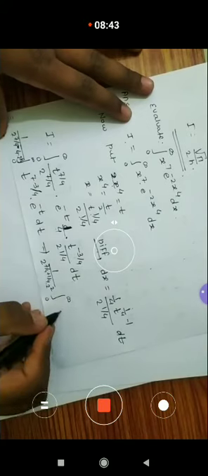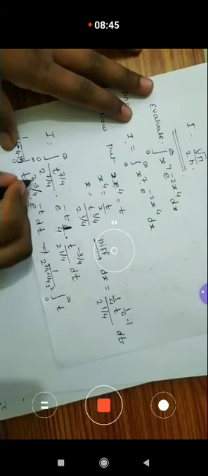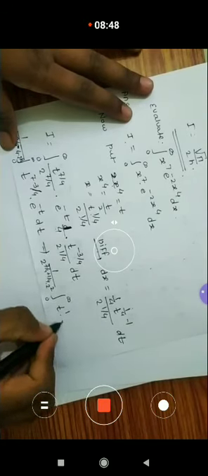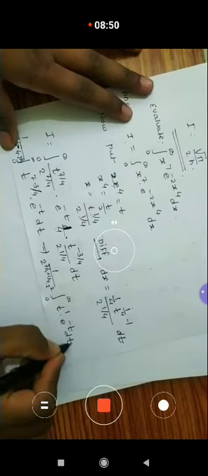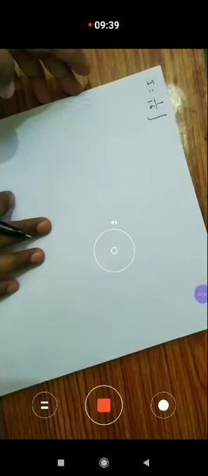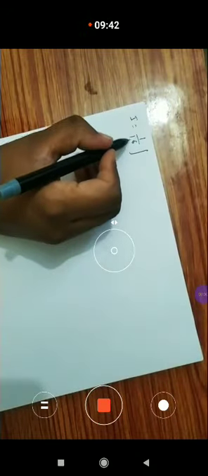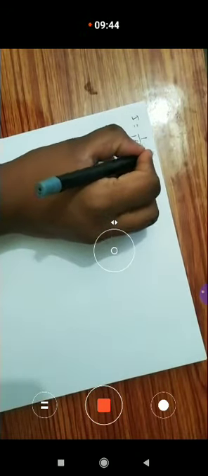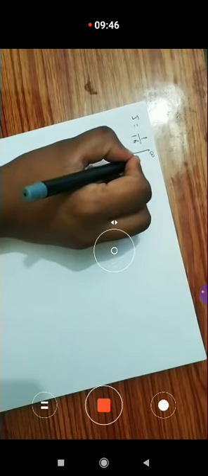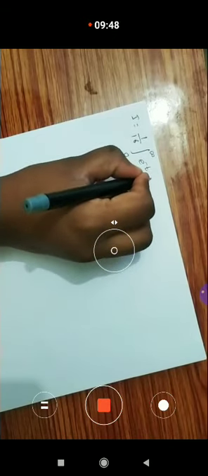Integral 0 to infinity t raised to 4 upon 4 which is 1, e raised to minus t dt. So this is 1/16 integral 0 to infinity e raised to minus t into t to the power 1, which can be written as 2 minus 1, dt.